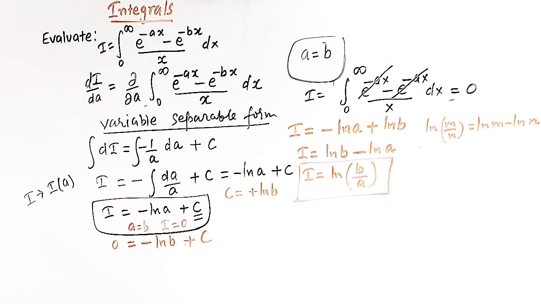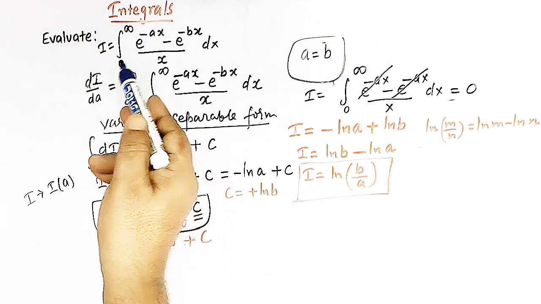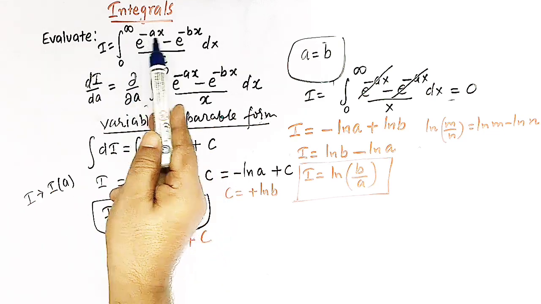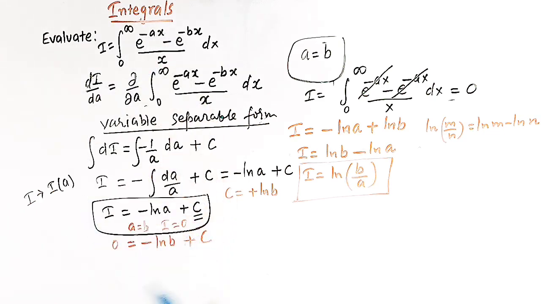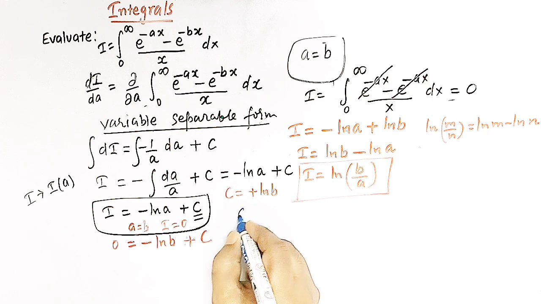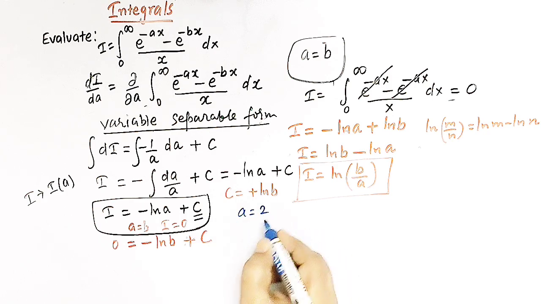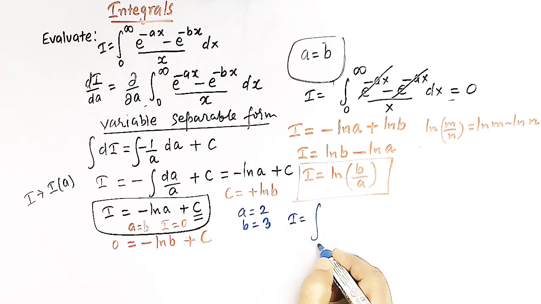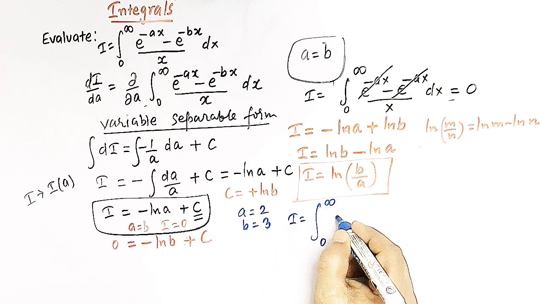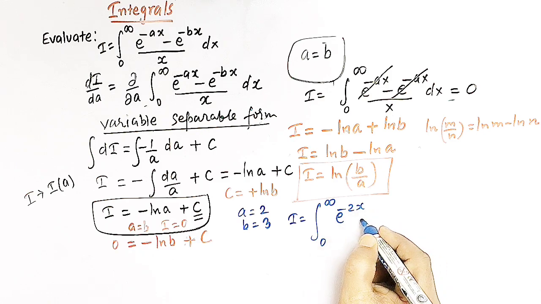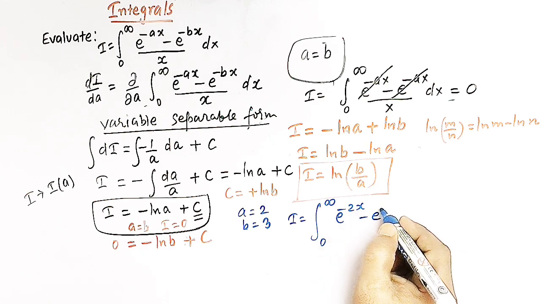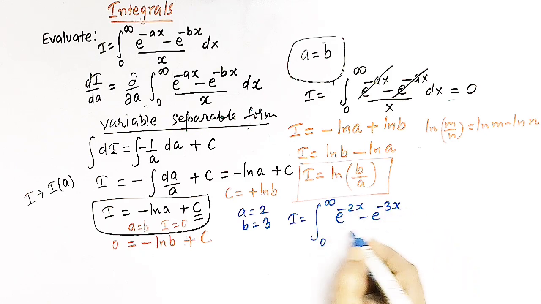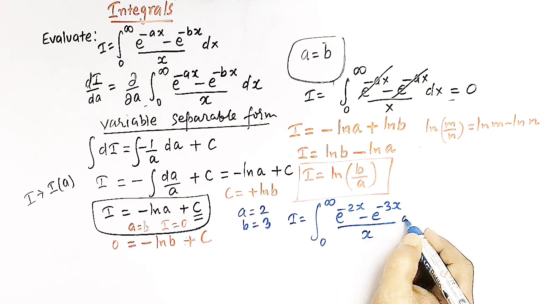Now here we can take one simple case by assigning particular values to a and b. See, if we take a is equal to say 2 and b is equal to say 3, then the integral I takes the form integral from 0 to infinity of e raised to minus 2x minus e raised to minus 3x over x dx.